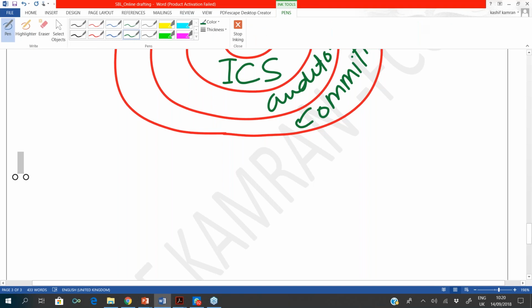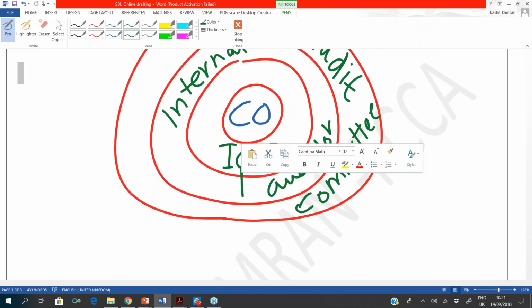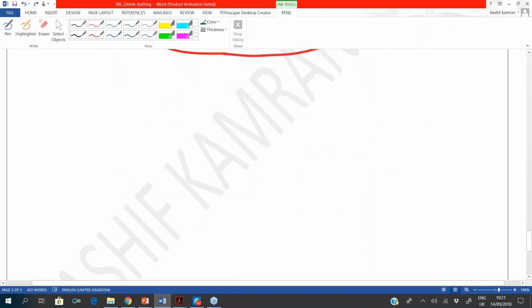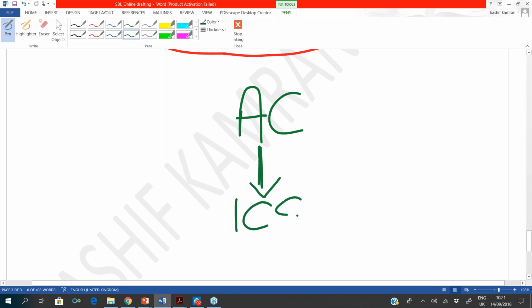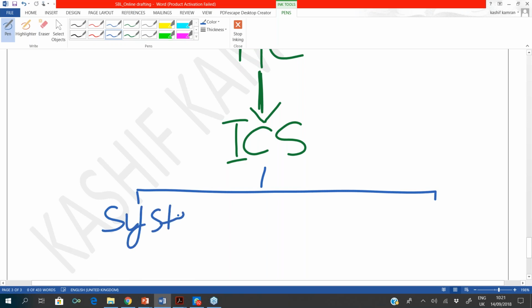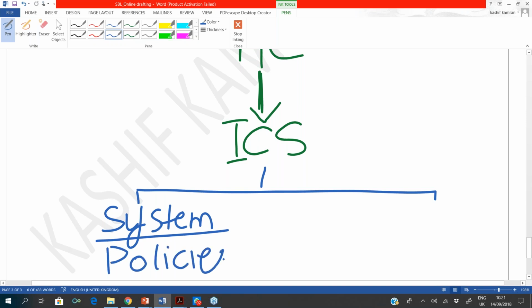If I say there is an audit committee, under the audit committee is the ICS, and the ICS comprises two things: the systems and the policies, and the internal auditor.